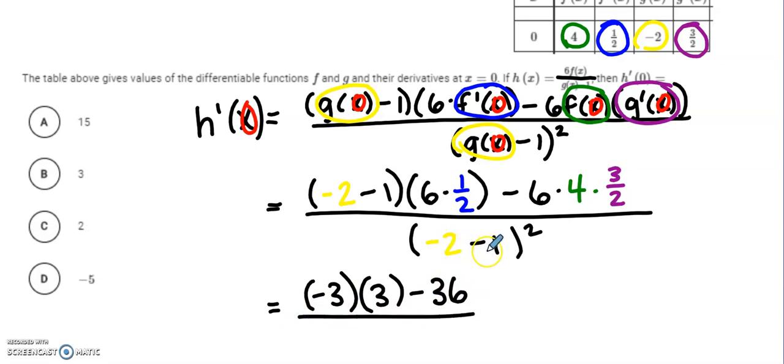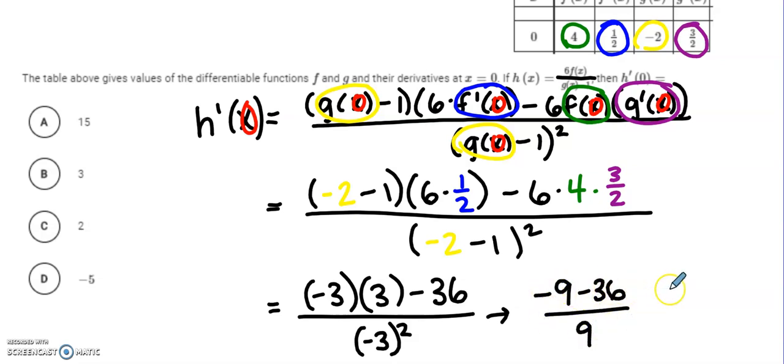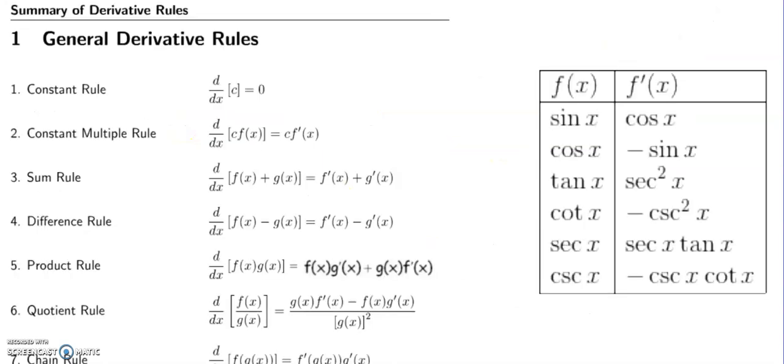All over negative 2 minus 1 is negative 3 squared. So this is going to be negative 9 minus 36 all over 9. Well, negative 9 minus 36 is negative 45. Divided by 9, we're looking at negative 5. Okay, so again, set up your general structure, then start subbing in all of your numbers.